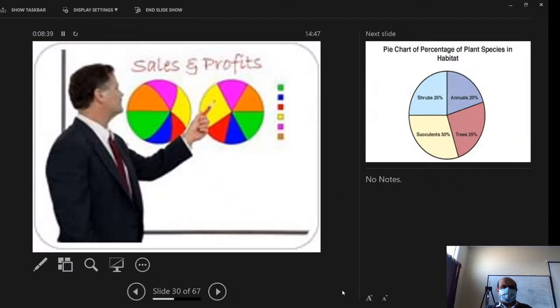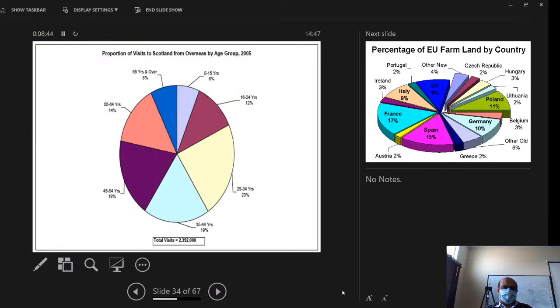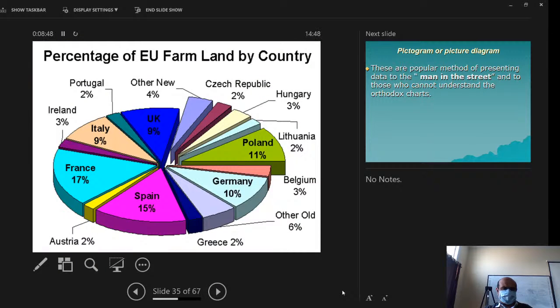So these are simple pie charts. I'm just skipping some. This pie chart, for example, shows the distribution of percentage of EU farms in land by country.